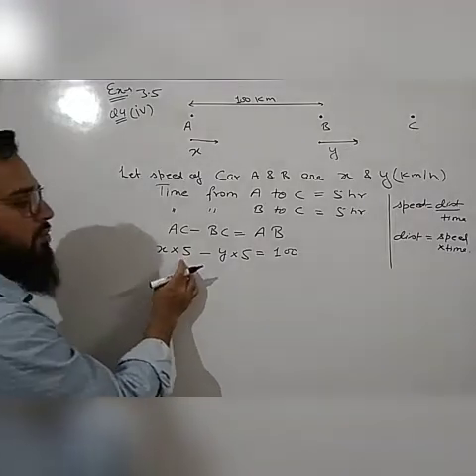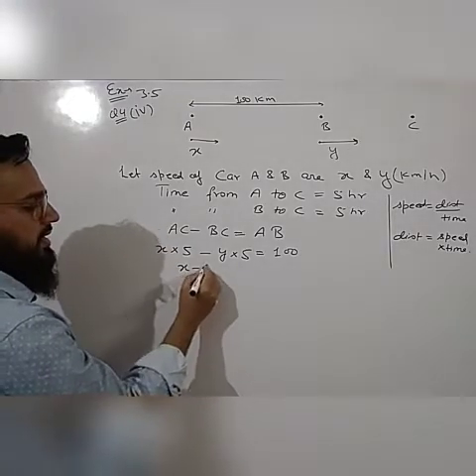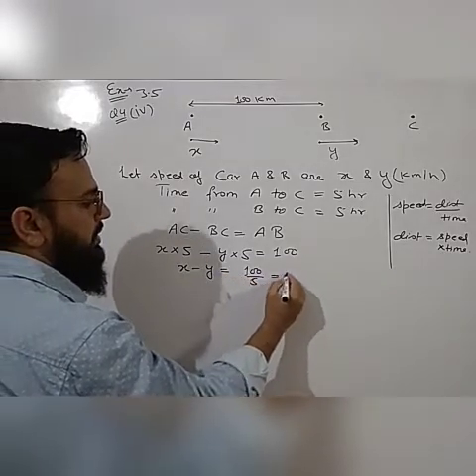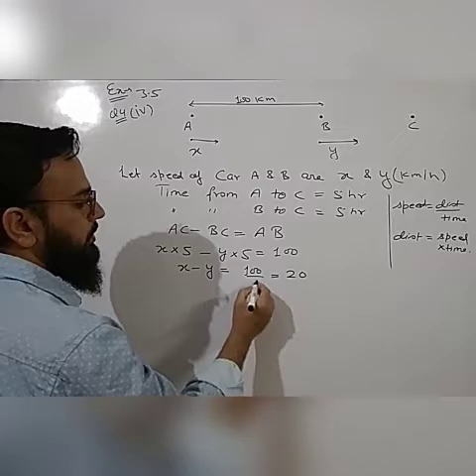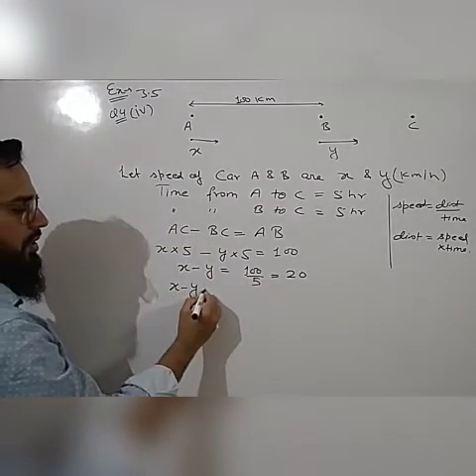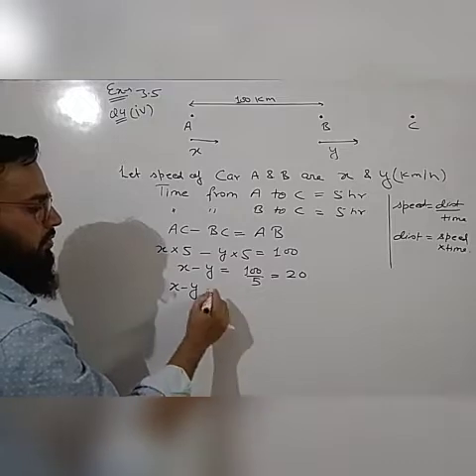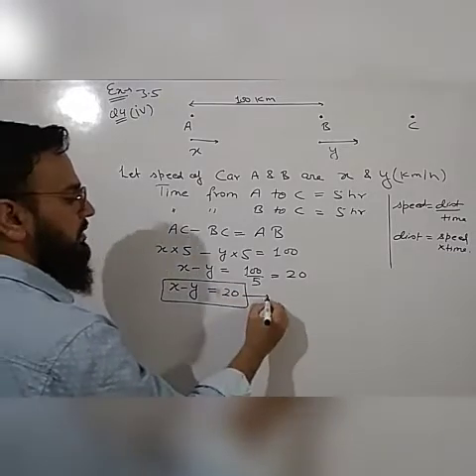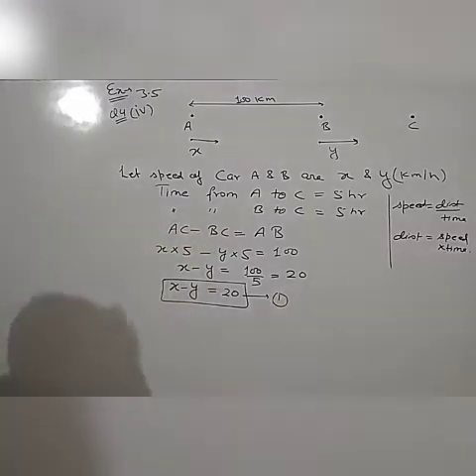Or if we take 5 common, then the equation will be X minus Y is equal to 100 upon 5, that will be equal to 20. So we got our first equation, X minus Y is equal to 20. This is equation number 1.